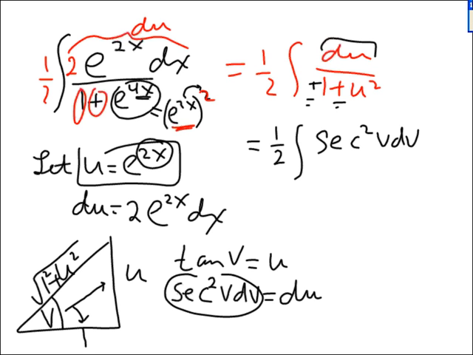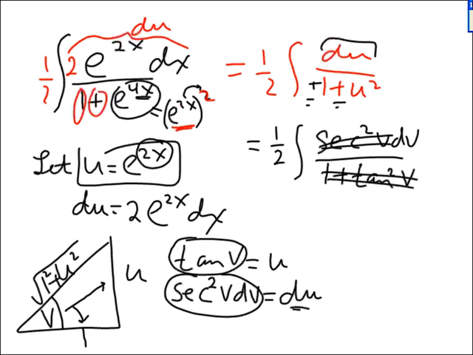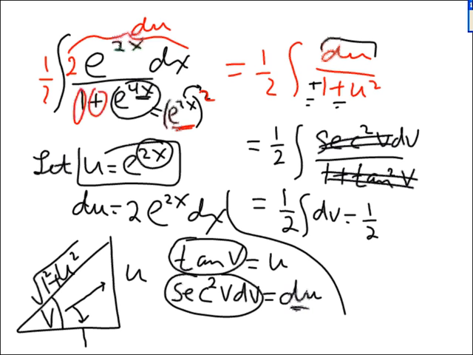And in the bottom, I write 1 plus u squared. But that's 1 plus tangent squared v, which is secant squared v, and that kills off that one. So we're left with 1/2 the integral of dv, which is 1/2 v plus c. Now we back substitute. This is the same as v over 2 plus c.